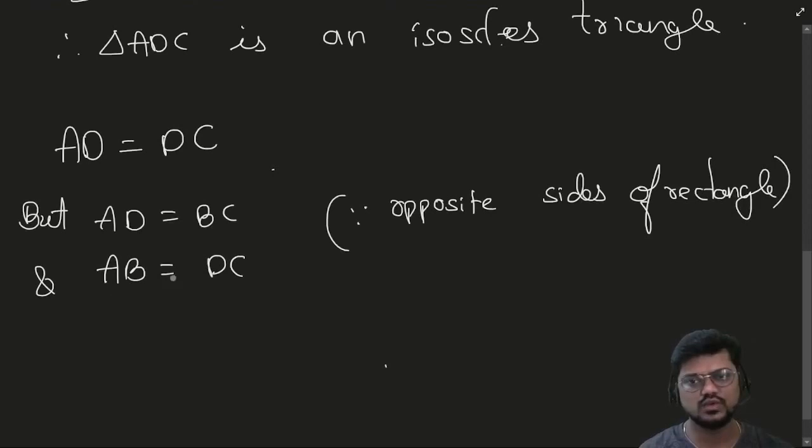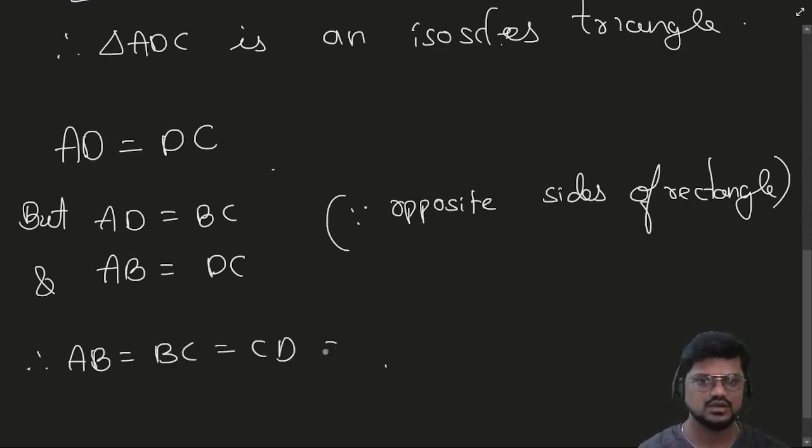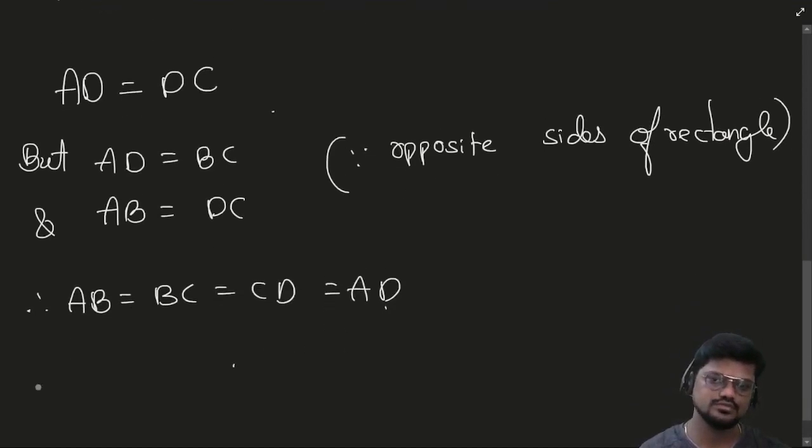Now, if these two are equal and AD is also equal to DC, this is equal to this is equal to this. So can we say all the sides are equal? Yes, sir. So it is a square. Therefore, AB equals BC equals CD equals AD, and therefore quadrilateral ABCD is a square.